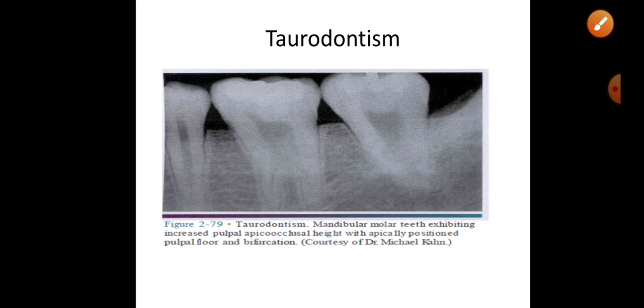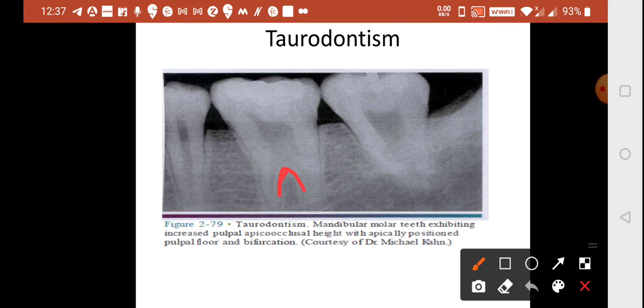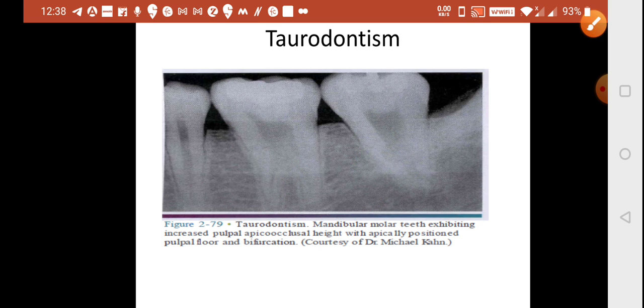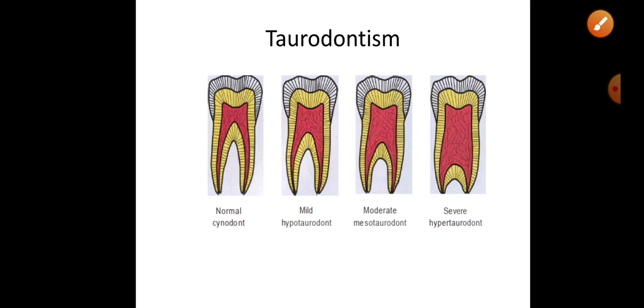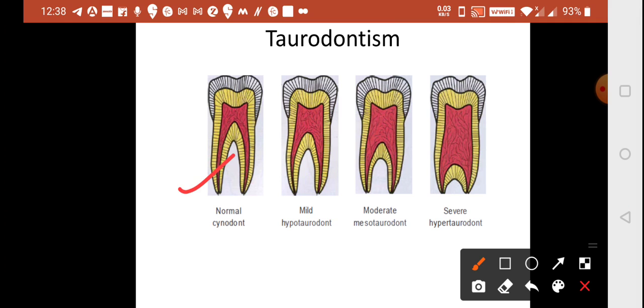Here you can very well appreciate the taurodontism, increased apico-occlusal height with apically positioned pulpal floor and the bifurcation. Here is the bifurcation. So the height is increased. They can give you a question like which anomaly is this, and you have to understand that it's taurodontism. So this is a normal tooth, and this is a mild hypotaurodont.